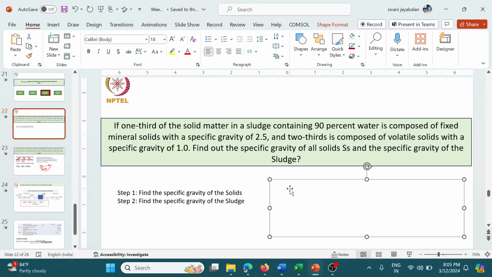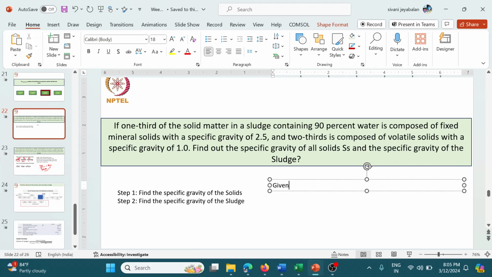So what will be the percentage of solids? Given 90% of the sludge contains water. Okay, so what will be the percentage of solids, Punita?